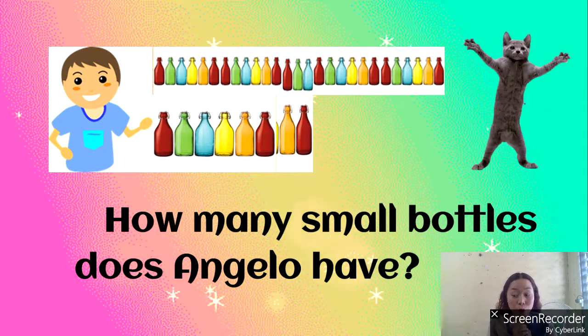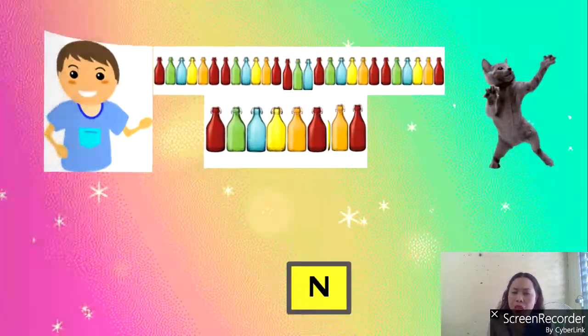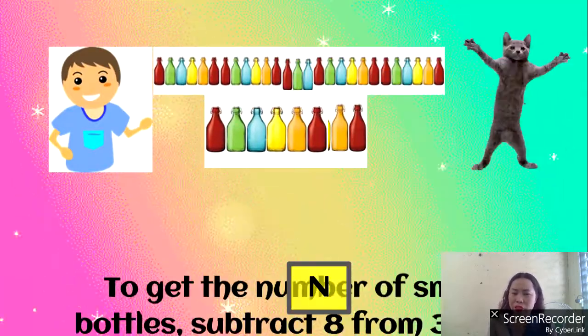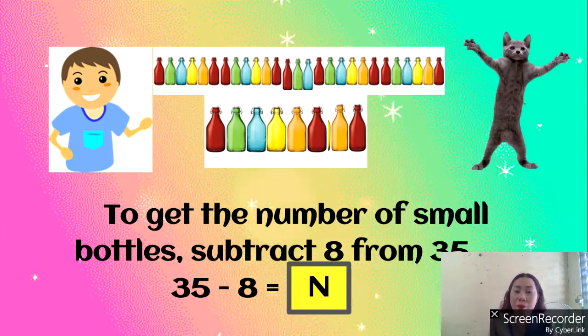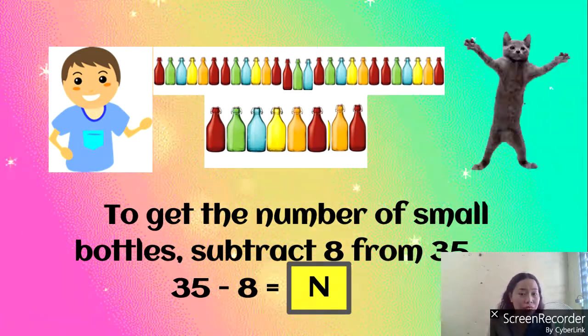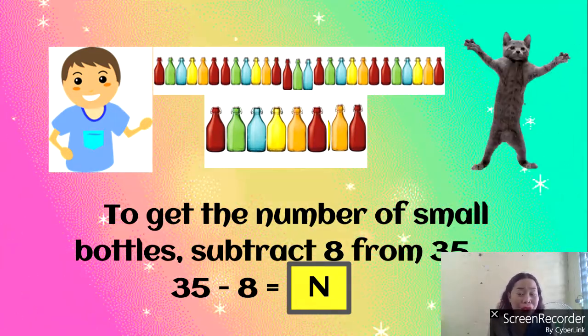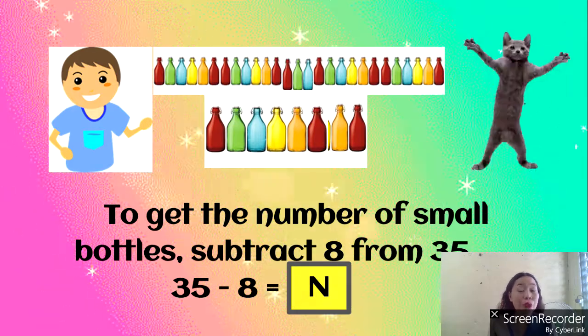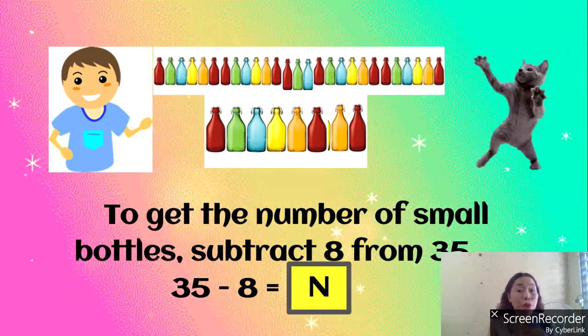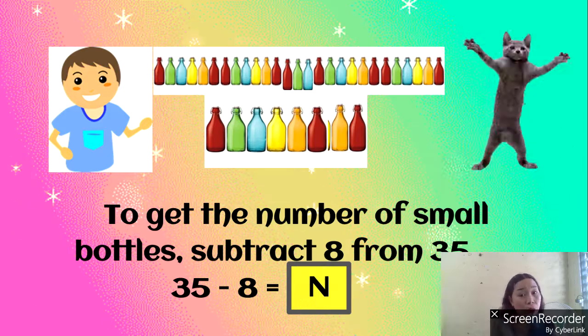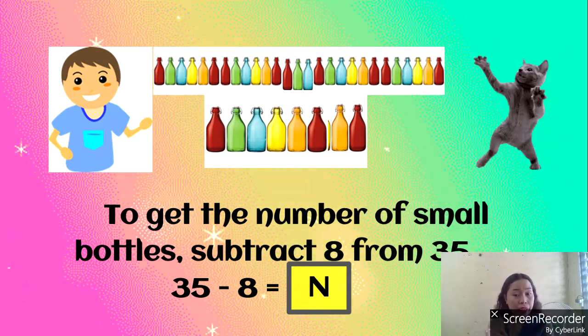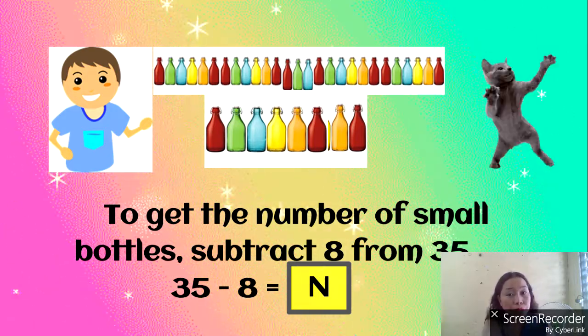And we have 27. Now, let's try to find out. To get the number of small bottles, subtract 8 from 35. So 35, this is the total number of the big and the small bottles. Now, if we are going to take away 8 from 35, what would be the answer?